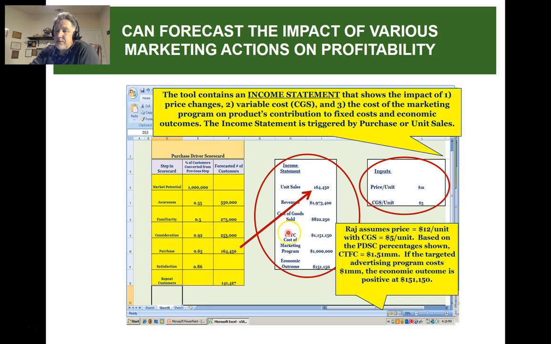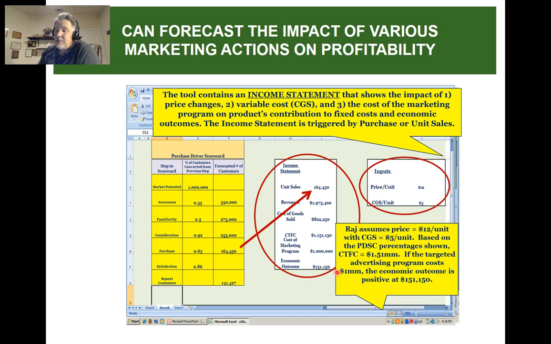Then you can reduce and eliminate out cost of marketing, sales, SG&A, or administration, and then you can get to your ultimate economic outcome, which is your net profit.